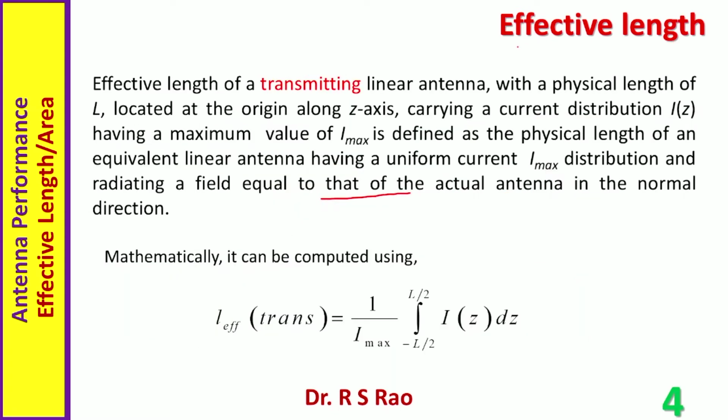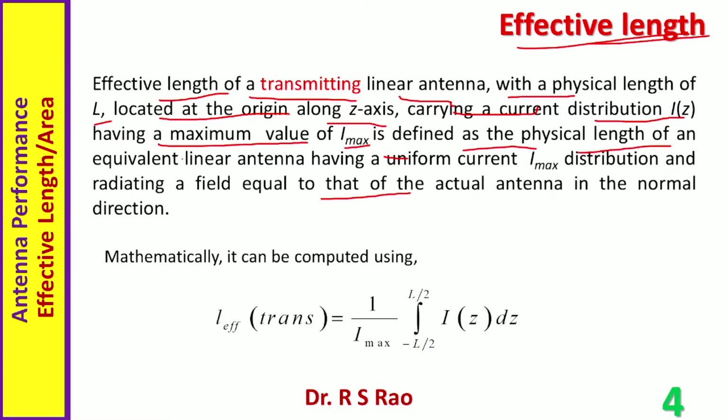Now a formal definition. The effective length of a transmitting linear antenna with a physical length of L located at the origin along the Z axis, carrying a current distribution I of Z having a maximum value of I max, is defined as the physical length of an equivalent linear antenna having uniform current distribution I max and radiating a field equal to that of the actual antenna in the normal direction.